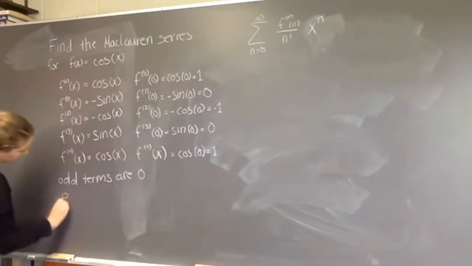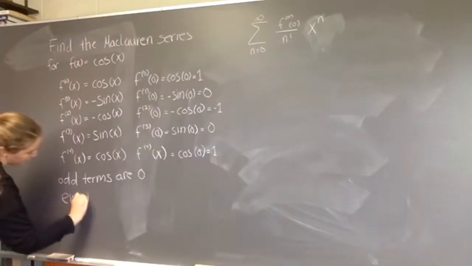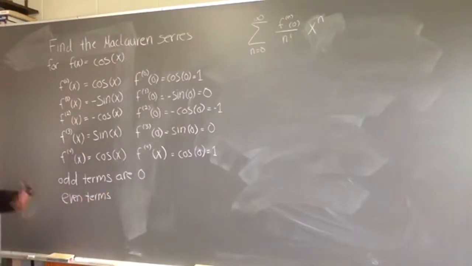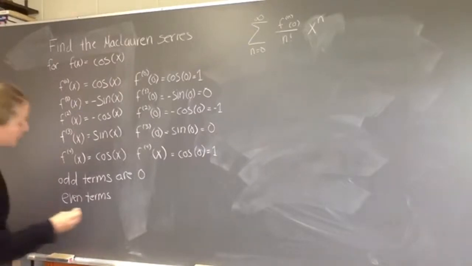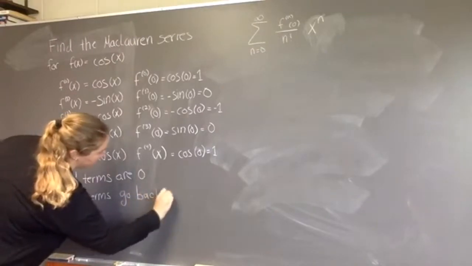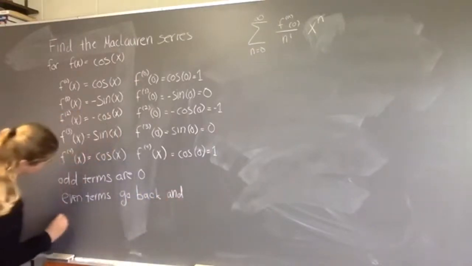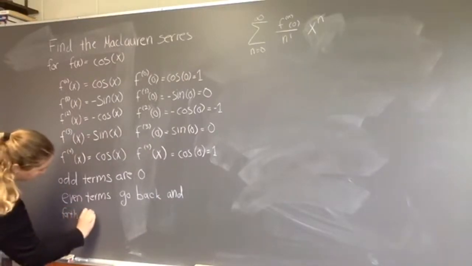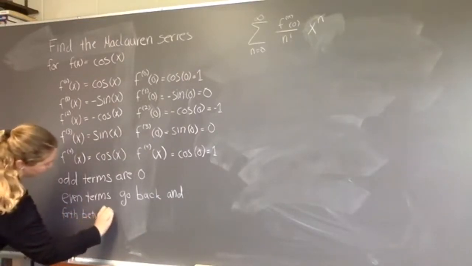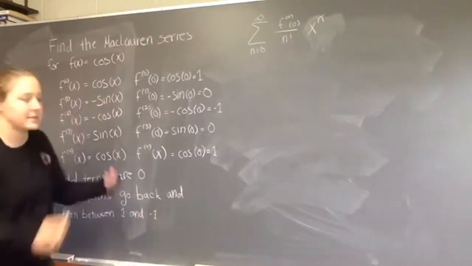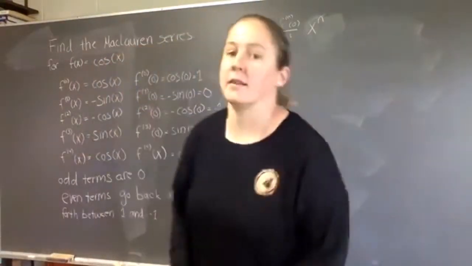And then the even terms, they're going to switch back and forth between 1 and negative 1. Because you're going to have positive cosine, then negative cosine, positive cosine, then negative cosine repeated.